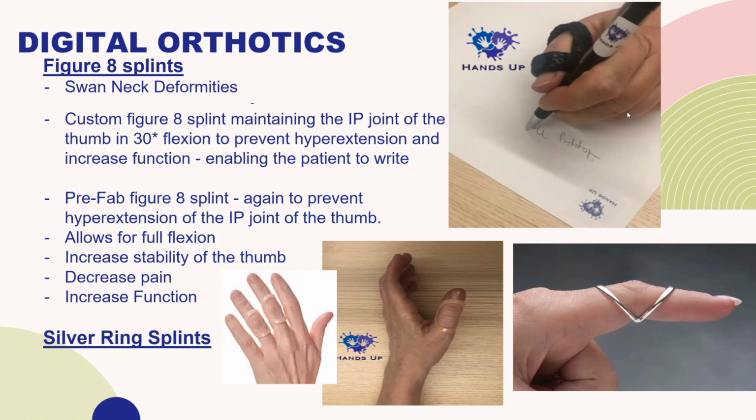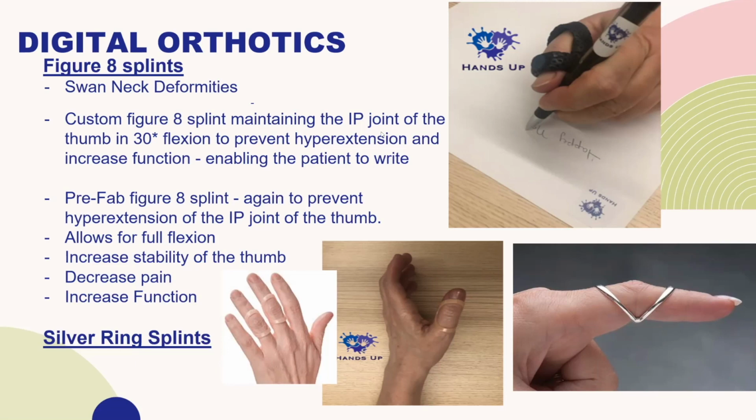In the lower photo, there is another photo of the thumb. That is a figure-8 splint that is prefabricated. You can order it based on size, but that one does not provide the flexion that the top splint does to maintain the 30 degrees of flexion. However, it does prevent hyperextension of the joint.